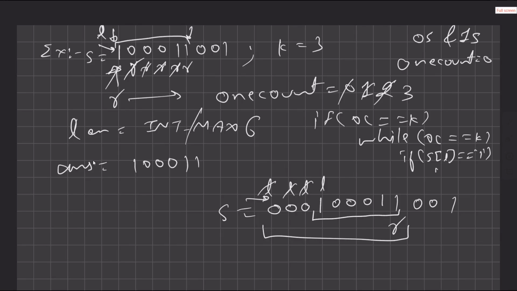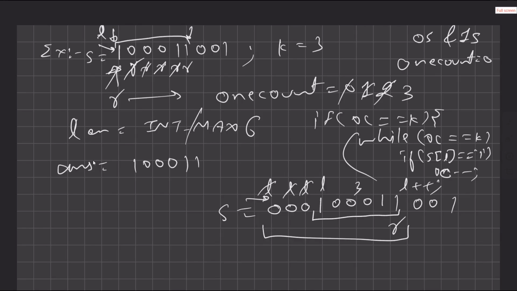In that case one count will be decreasing and the L pointer will move ahead. Since in the if condition you have got one count as k, you're into this if condition and you'll be executing this, and this condition will hold until both are equal, one count and k.